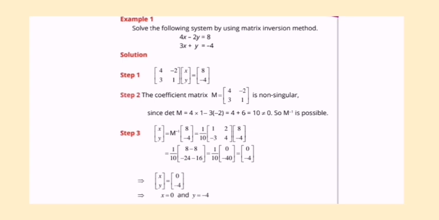First we have to write the given system in matrix form. So in step 1, the coefficient of x is 4, the coefficient of y is minus 2, the coefficient of x in the second equation is 3, and the coefficient of y in the second equation is 1.